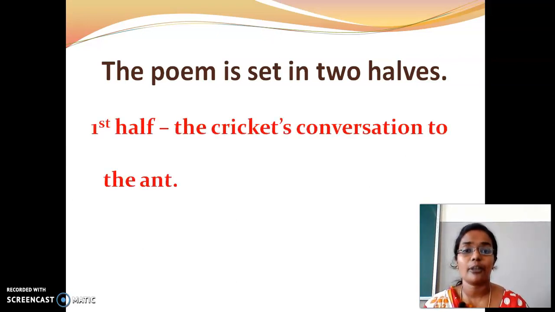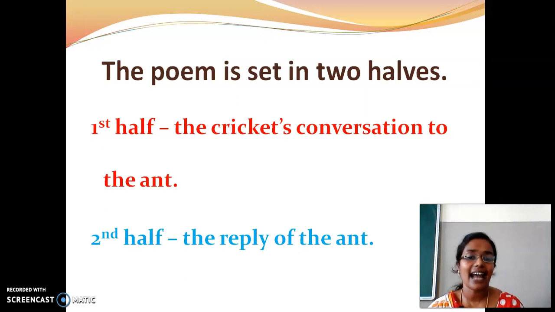The cricket will spend its time during the season of summer without doing any work, and during the season of winter it will go in seek of food and shelter. To whom is it moving? It is moving towards the ant to get some food and shelter.